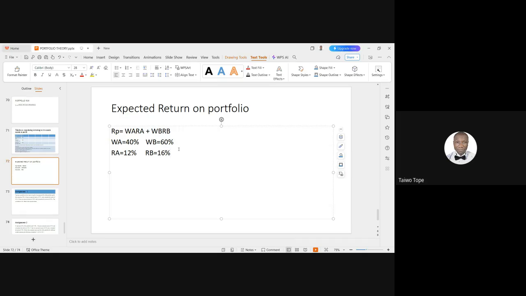What is RP, the return on portfolio? 14.4. Yes. So RP is equal to 14.4. So that is that for part A.